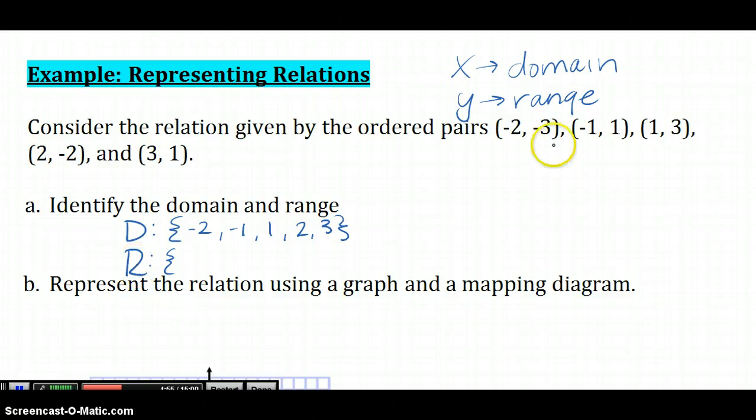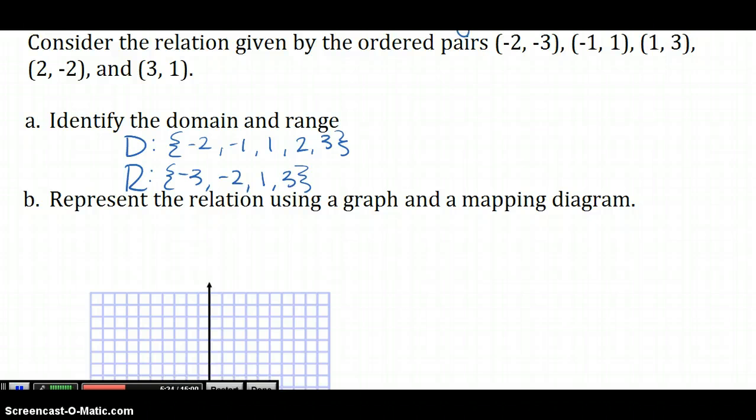The range are your y values, so it looks like we have a -3, and we also have a 1, 3, negative 2, and 1. The next in numerical order would be negative 2, and then it looks like we have a 1 twice. You don't have to list that twice, just list it once. And then our last, we have a 3. So this is our domain and our range.